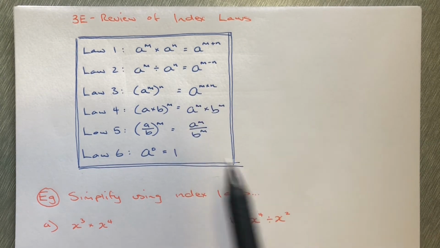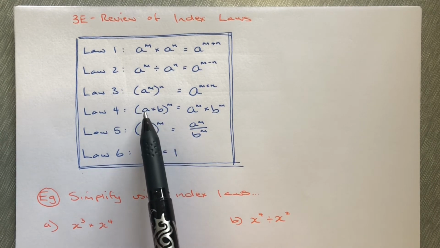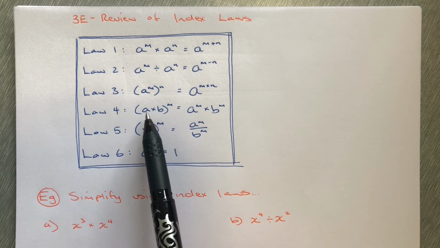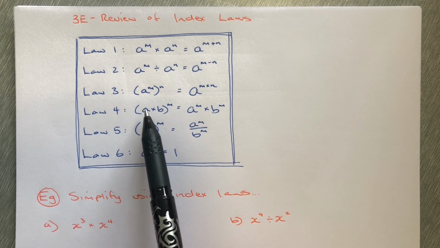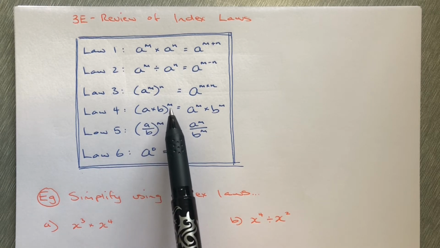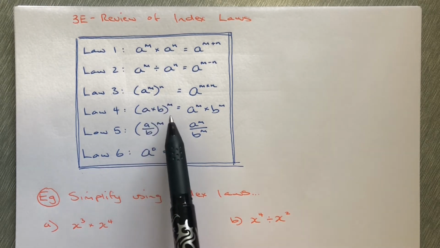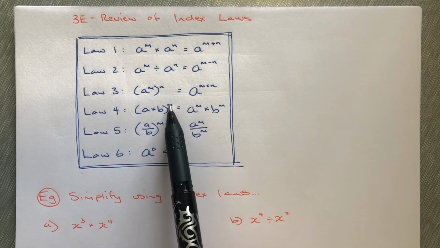All right, so with this next one, law number 4, we've got two things inside the brackets. So an A and a B, it could be anything. This could be 3, and this could be any letter, so B as well. What happens is this power actually applies to both of them in there. So as you can see, the resulting answer is A to the power of m times B to the power of m.